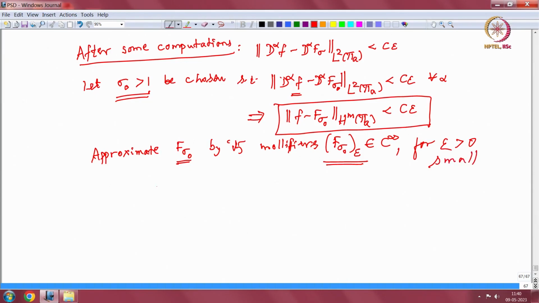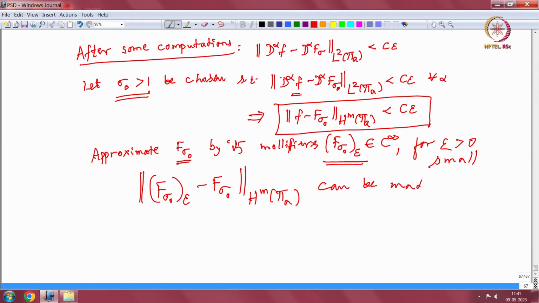We have already seen that f_sigma_0,epsilon minus f_sigma_0, in H^m(Pi_a), can be made small as we please by choosing epsilon small.